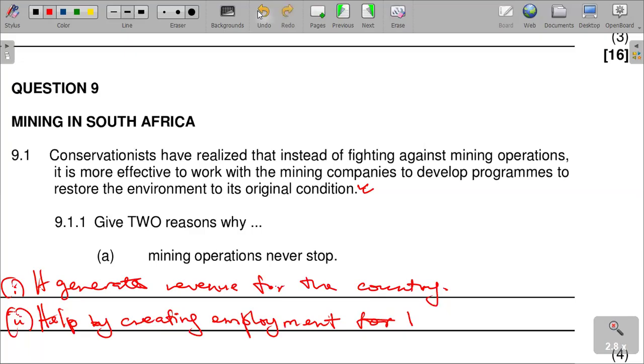I think that is quite true, that it is actually providing employment for the people.